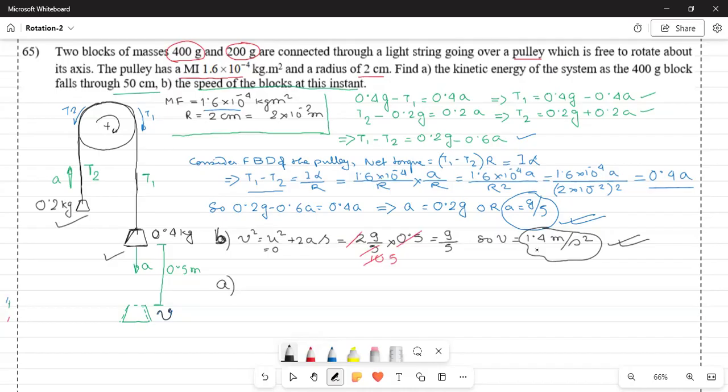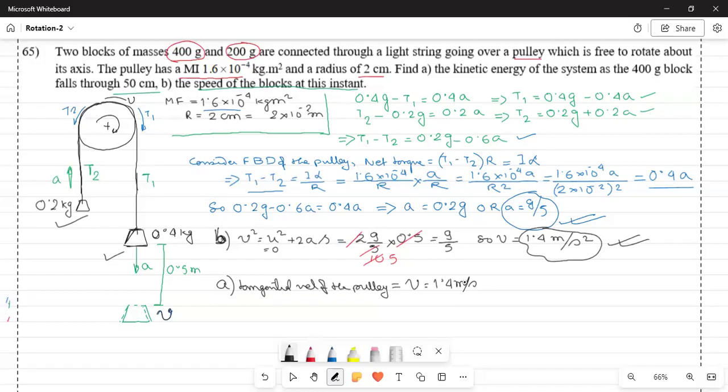Now, v is 1.4 meter per second. So obviously, the tangential velocity of the pulley has to be also equal to v, because the pulley is driven by the string. So we write: tangential velocity of the pulley is equal to v, which is 1.4 meter per second.